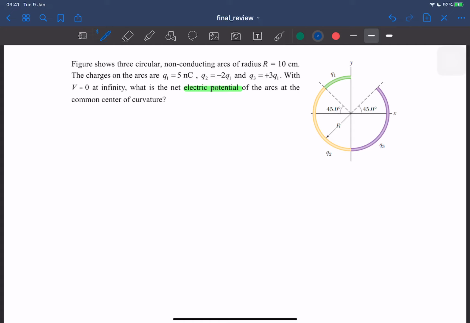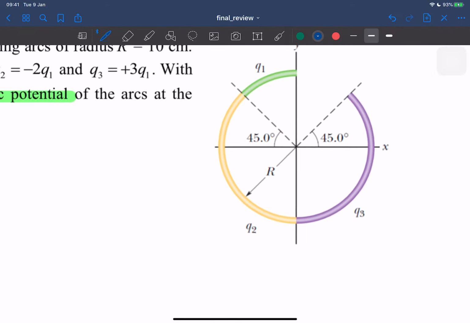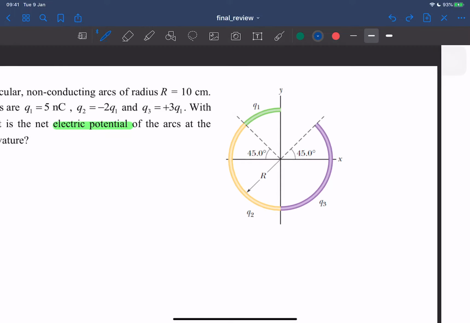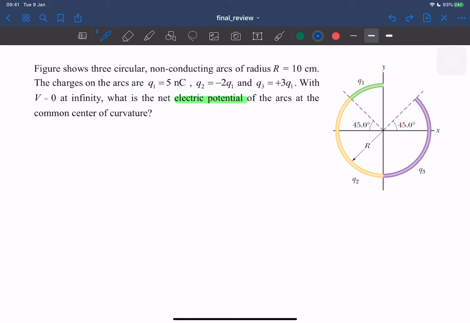If you look at every element on this curve, no matter which point you pick, it's going to be the same distance to the center. And remember, the potential V is given by KQ, whatever Q is, divided by R, right?